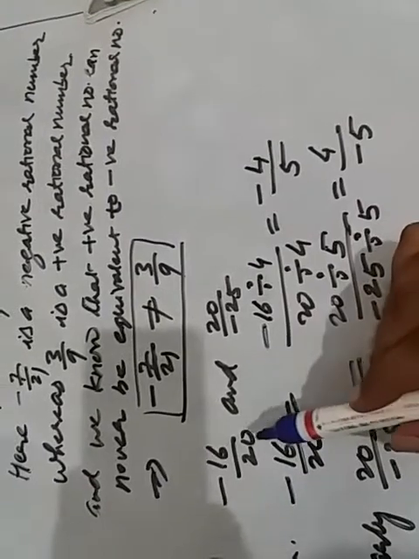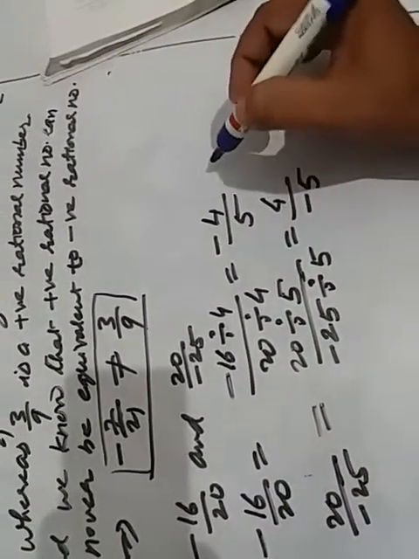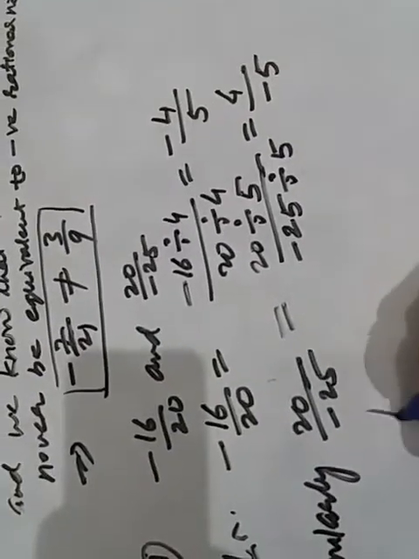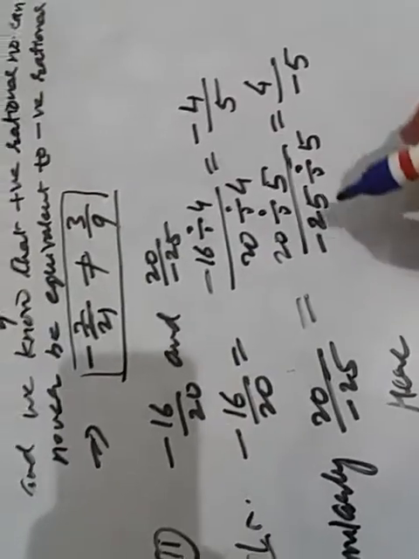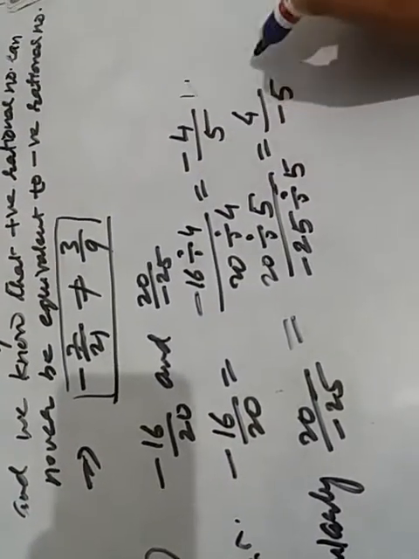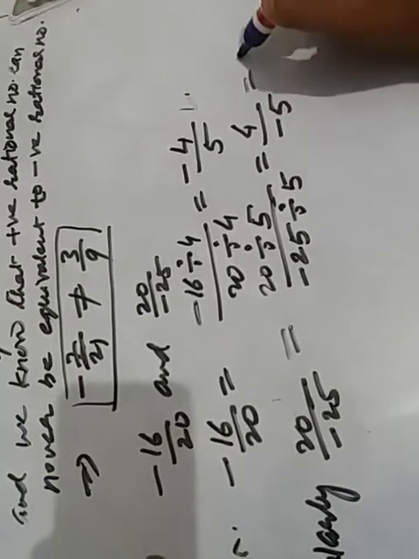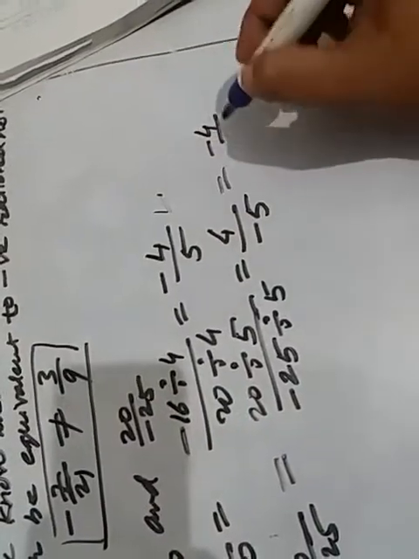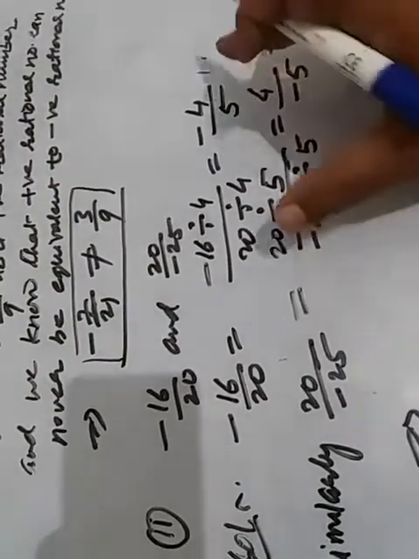Here, children, when we reduced minus 16 upon 20 and 20 upon minus 25 to the simplest form, we find that they both are equal to minus 4 upon 5. Whether you write 4 upon minus 5 or minus 4 upon 5, both are the same. Okay children, this implies that both the rational numbers are equivalent.